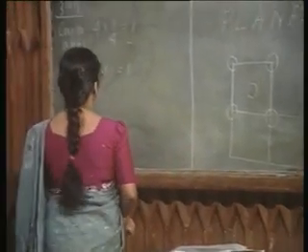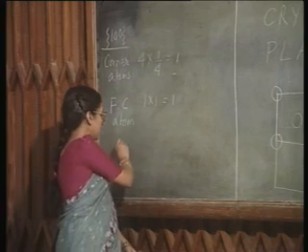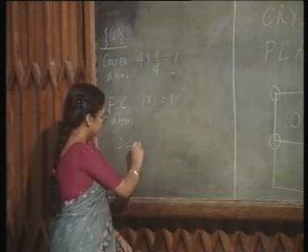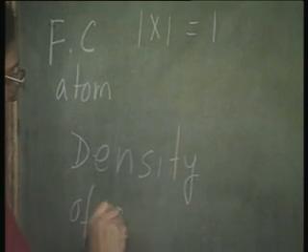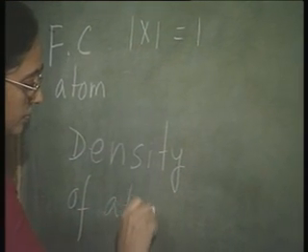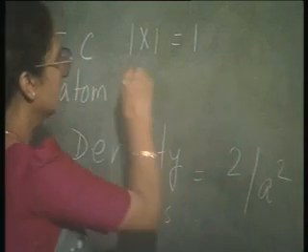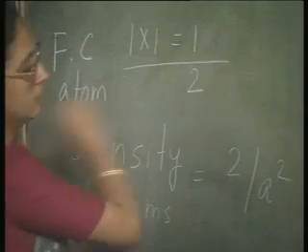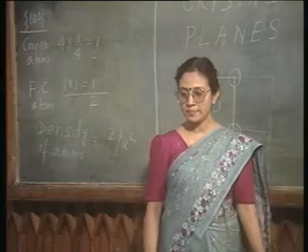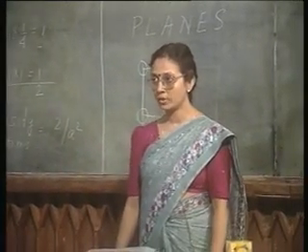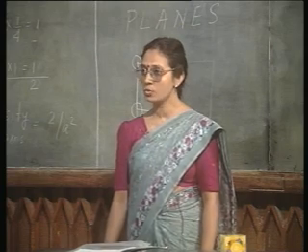So, the density of atoms in this 1 0 0 plane is two atoms in A square area. Therefore, the packing density of the 1 0 0 plane is 2 by A square.